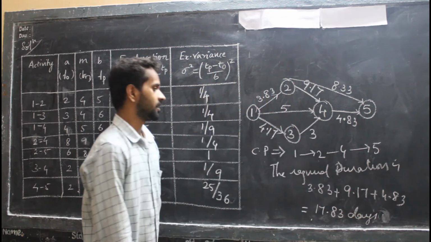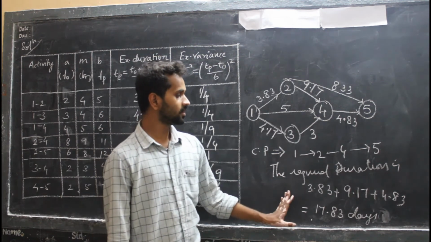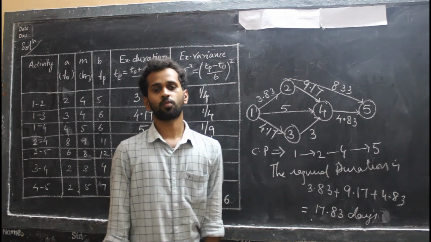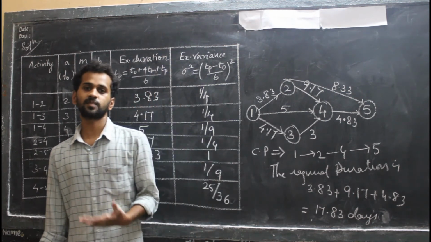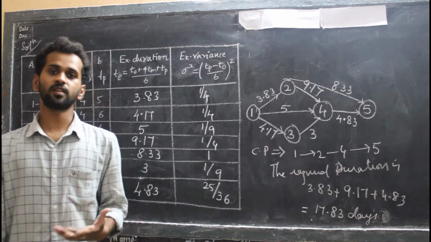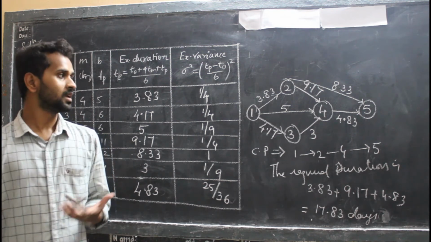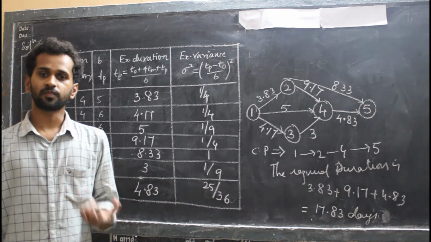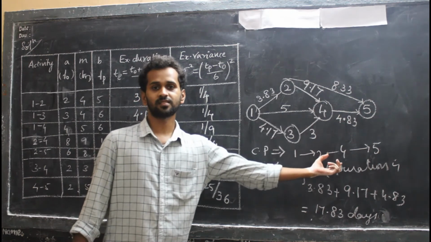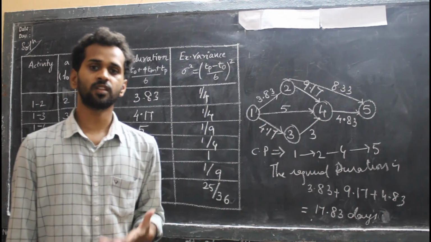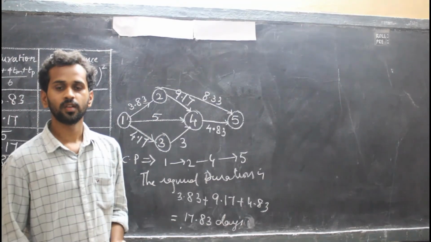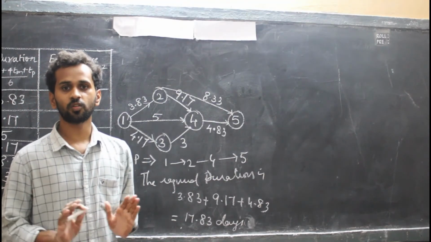This is the critical path and required time duration to complete the given project. And now we need to find the expected variance for the complete project. Is it clear? The sum of the critical activity variances gives the expected variance for the given project.